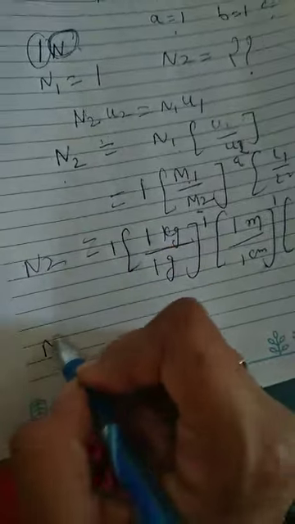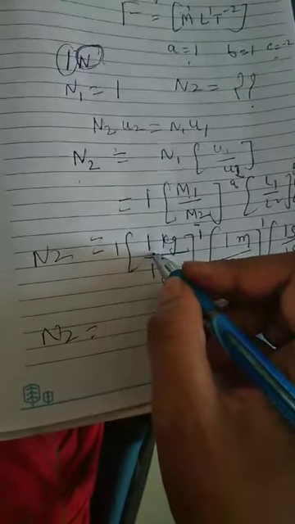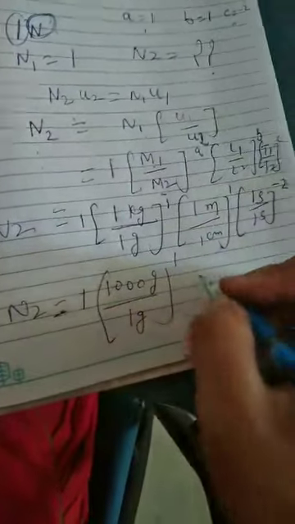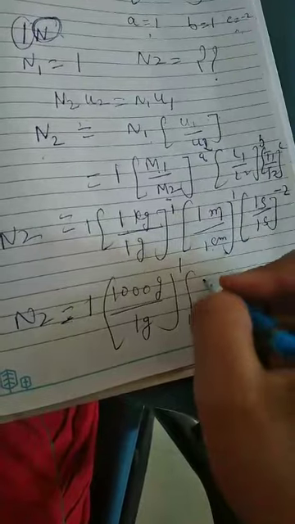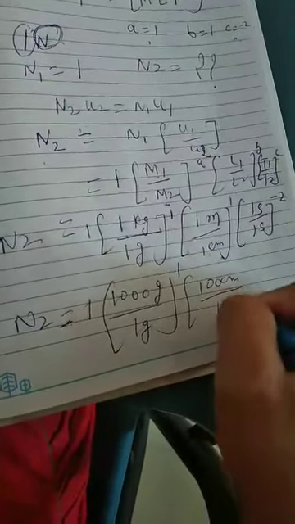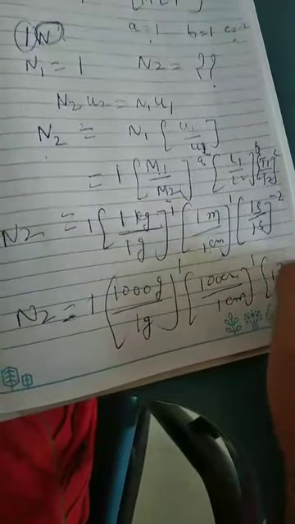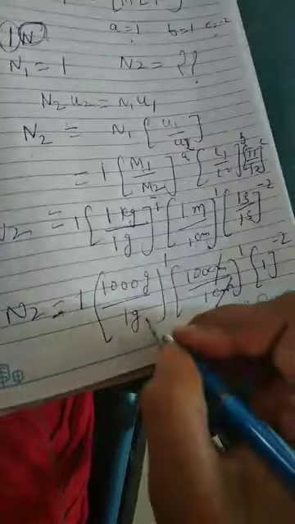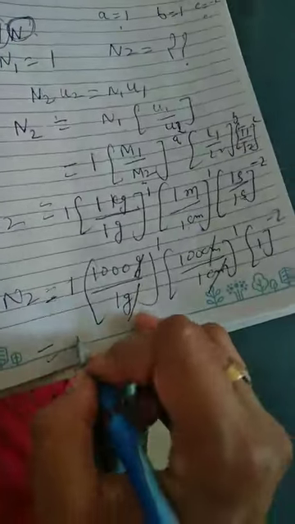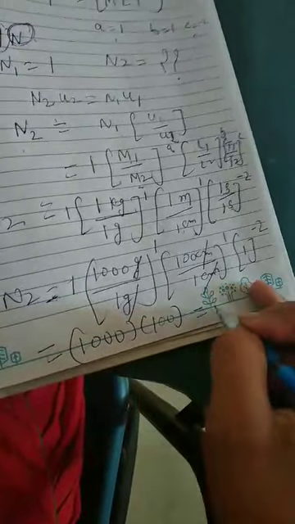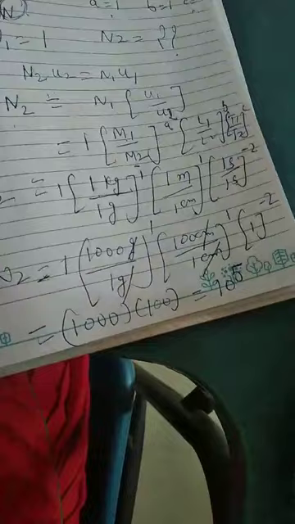So N2 is 1 kilogram equal to 1000 grams divided by 1 gram, raised to power 1, into 1 meter equal to 100 centimeter upon 1 centimeter raised to power 1. The 1 second cancels, it will be 1 raised to power minus 2. Centimeter and centimeter cancel, gram and gram cancel. This term becomes 1000 into 100, which we can write as 10 raised to power 5.